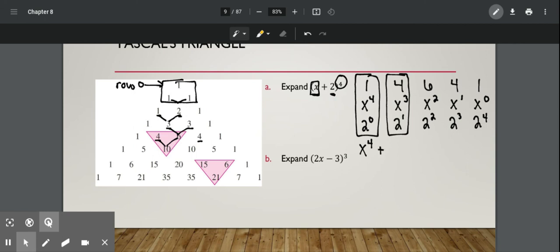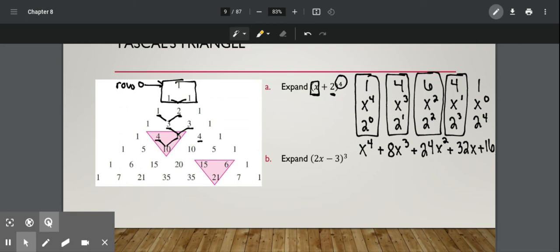So now we'll have plus 8x to the third. We can do our next column. So we'll have 6 times 4. So we'll get 24x squared. And then we have 4 times 8. So we get plus 32x plus 16. And remember that x to the 0 is 1.